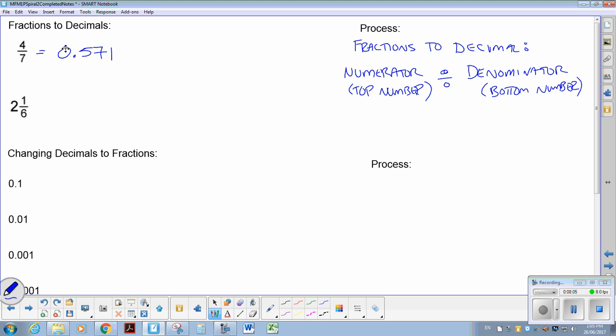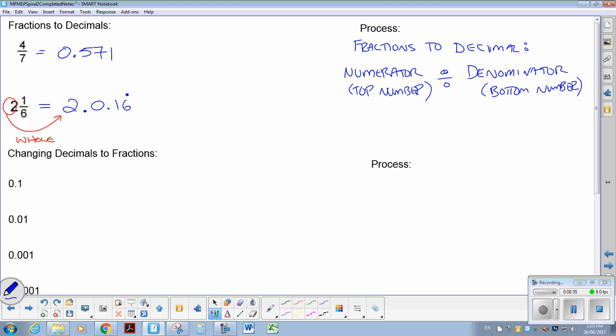Now, how do you do 2 and a 6th? Well, we don't really have to include the 2, because we know that the 2 represents 2 wholes. So there's going to be 2 wholes and our part, okay? So the 2, write that in, is a whole, so we don't have to include it in the calculation, all right? 1 divided by 6, so if I punch that into the calculator, I get 0.1666 repeated.